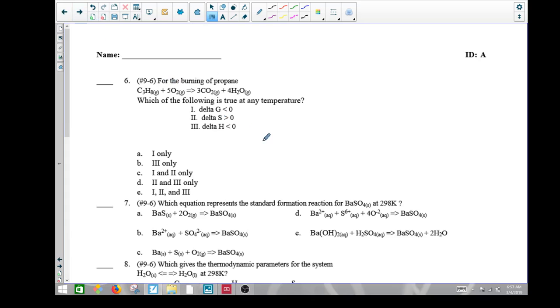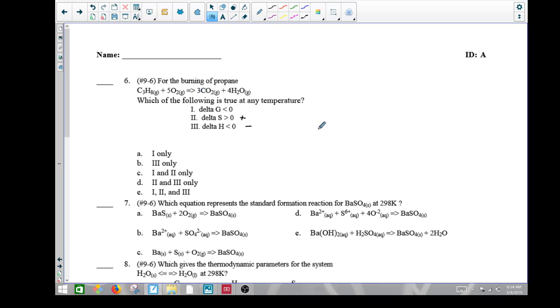Alright, the burning of propane. Which of the following is true at any temperature? First of all, burning is negative, exothermic. We're going from 6 particles to 7 particles, so delta S is positive.